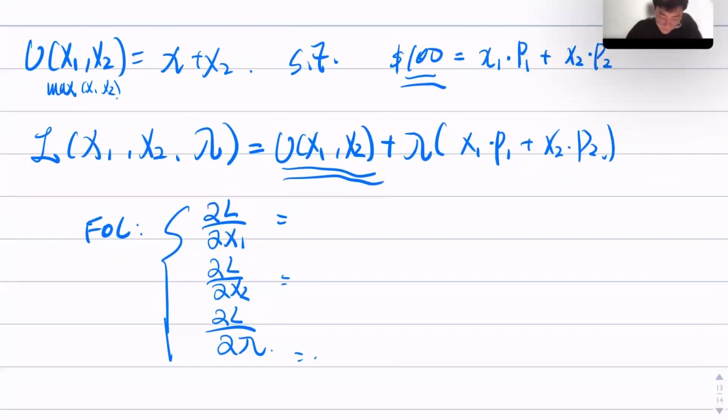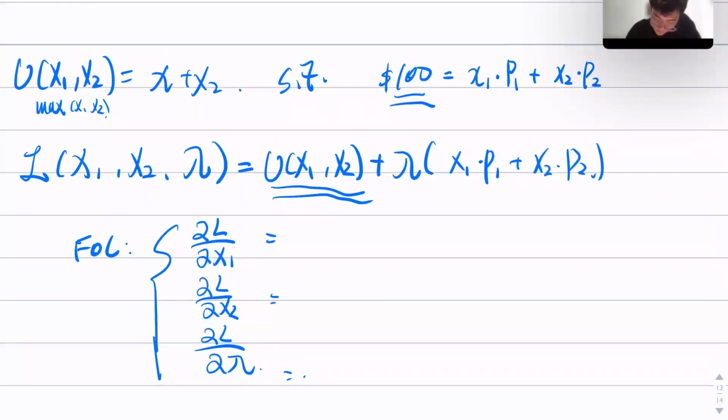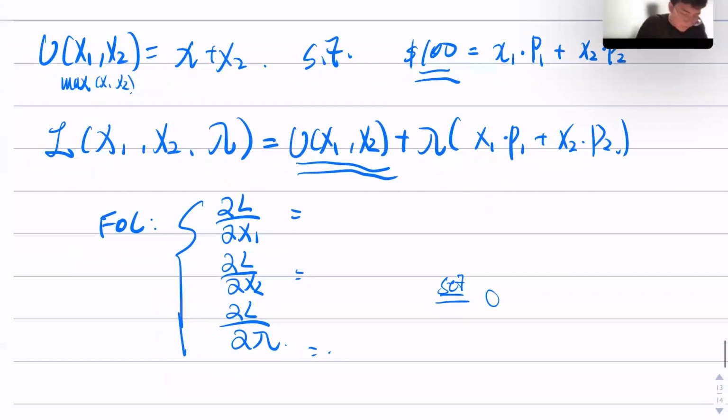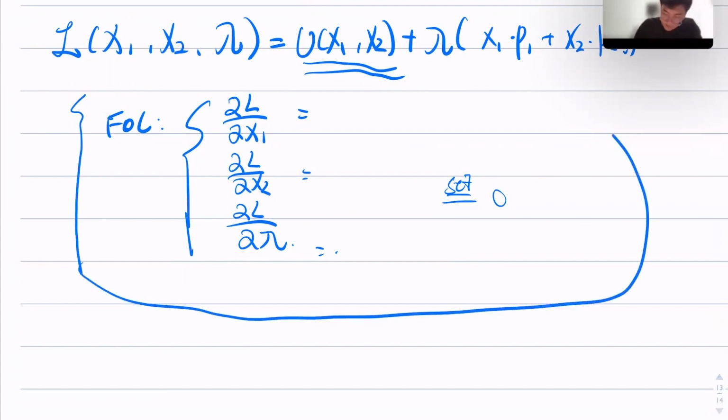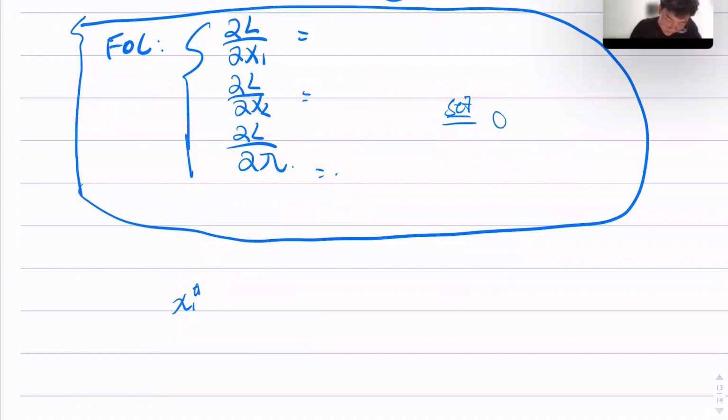So here are our first order conditions, and we set them to 0. This brings us a system of equations that we need to solve for x1 star and x2 star.